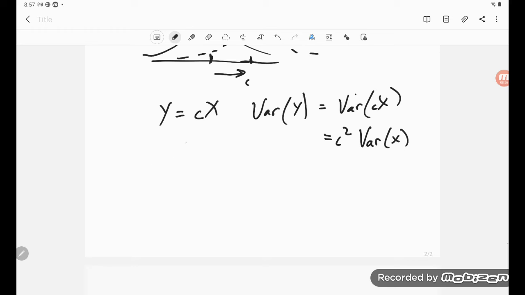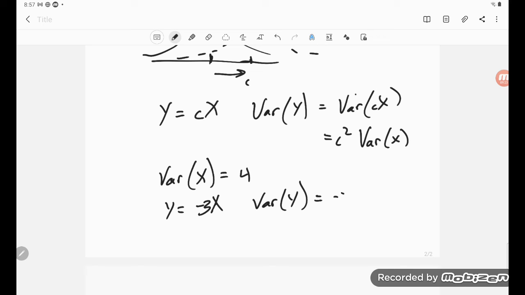So for instance, if I have a random variable x, if the variance of x is equal to, say, 4, then if I let y equal negative 3 times x, then the variance of y is equal to negative 3 squared times the variance of x, and so I get 9 times 4, or 36.